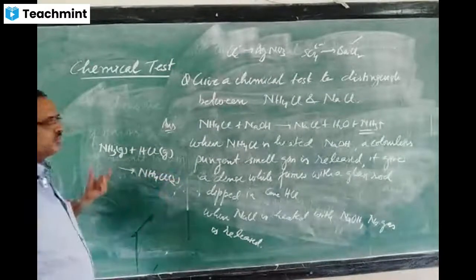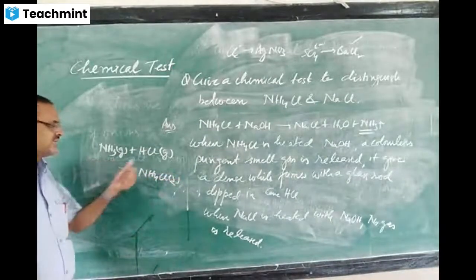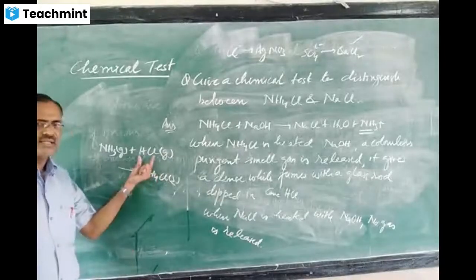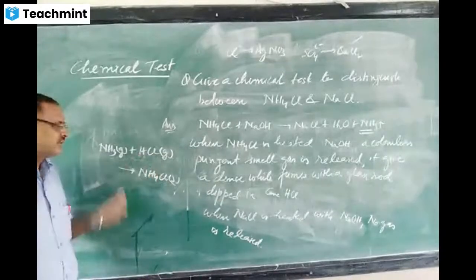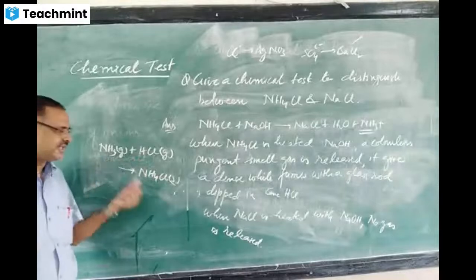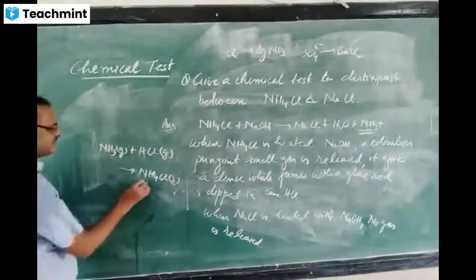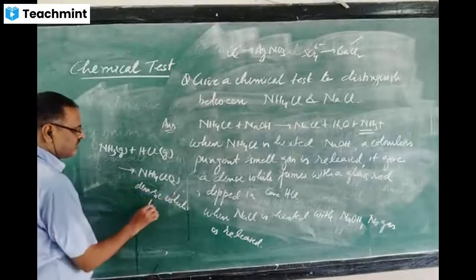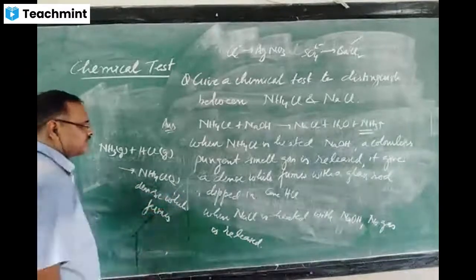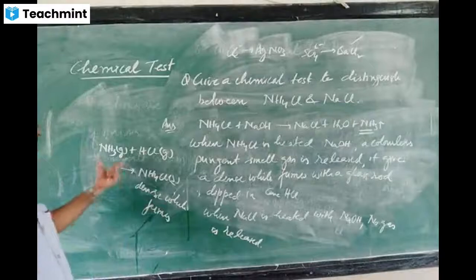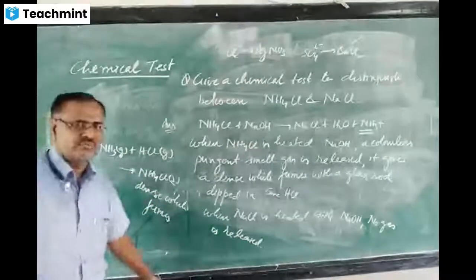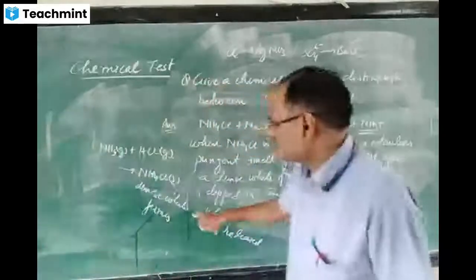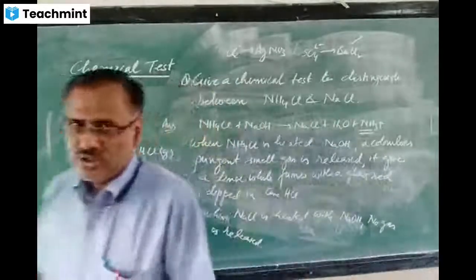So if ammonia gas is coming from a test tube, you take a glass rod dipped in concentrated HCl, and you get dense white fumes. If HCl gas is coming, you take a glass rod dipped in ammonium hydroxide, and again dense white fumes. In both cases you get dense white fumes because two gases react to form solid ammonium chloride. Because of the solid particles of ammonium chloride, you get dense white fumes.